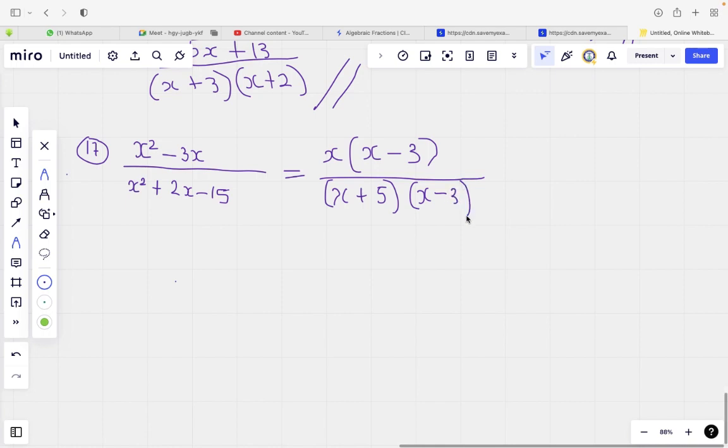The numerator also has x minus 3, so x minus 3 on top cancels x minus 3 at the bottom. We are left with only x over x plus 5. So you see, this is great already. That's the answer. Do you have one more to give us?